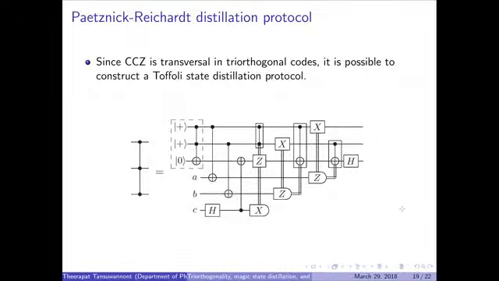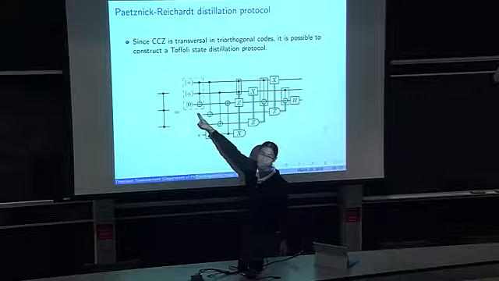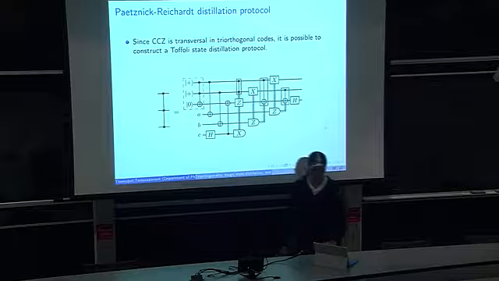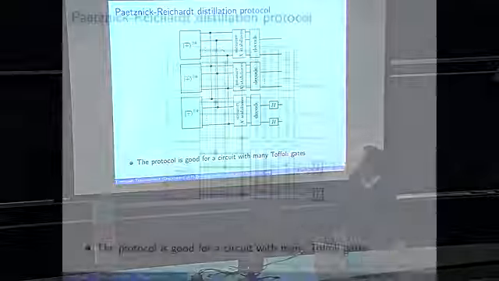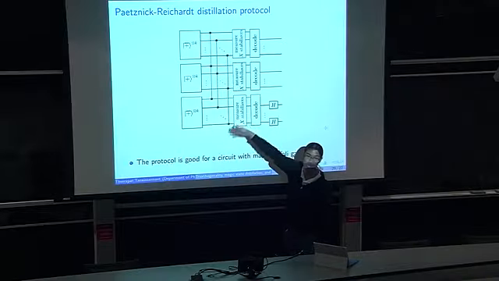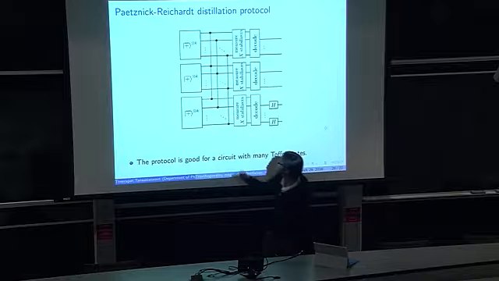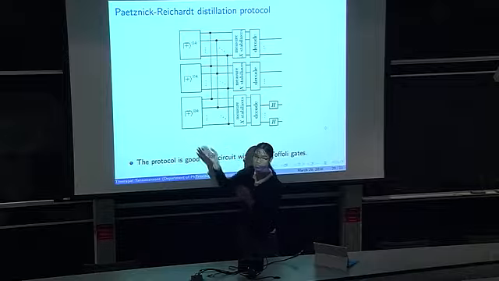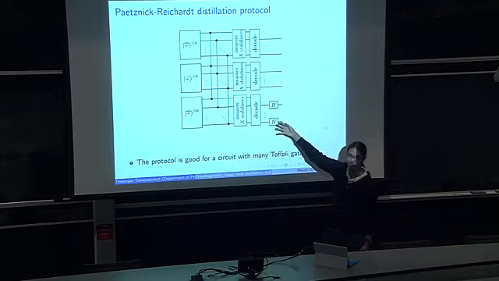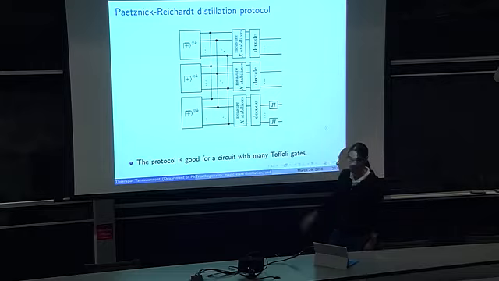Here, we will have a Toffoli state, and the Toffoli state can be used to simulate the control Z gate like this. And the control-C gate can be applied in this circuit transversally, where this is the encoded state from the triorthogonal code. We perform X measurement here, decode, and then apply H. And at the end, we will get a Toffoli state.